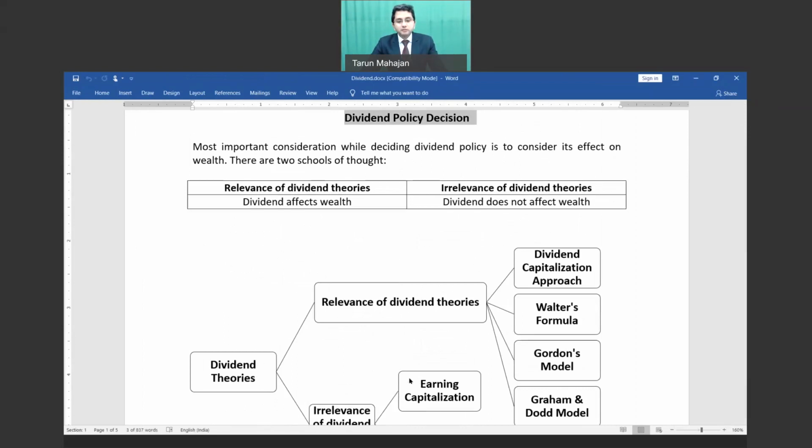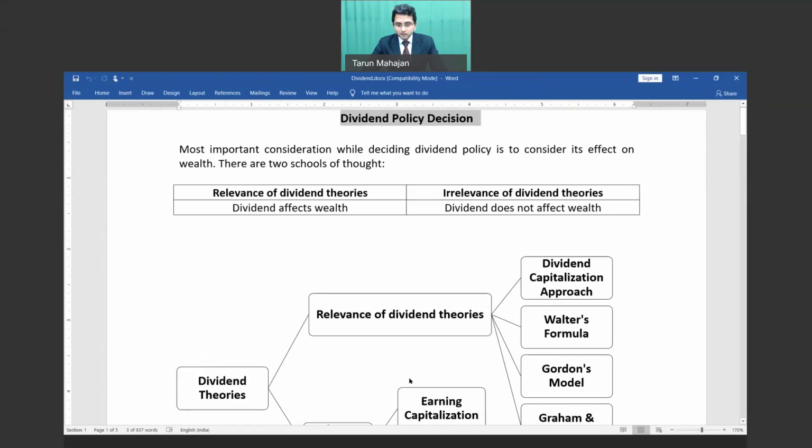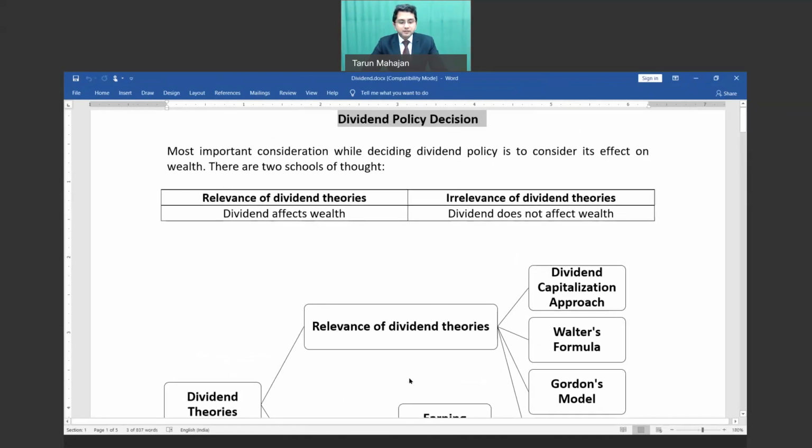What is this dividend policy decision? A finance manager has to take three important decisions. One is the investment decision. Where should I invest my money? One is the financing decision. From where should I bring in the money?